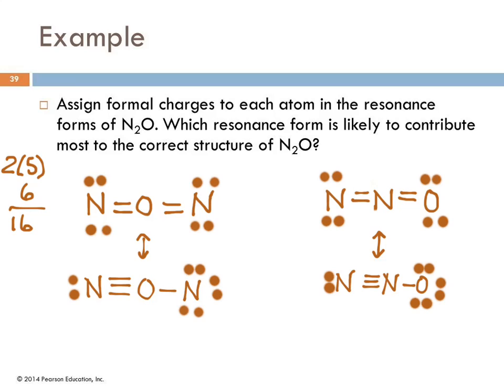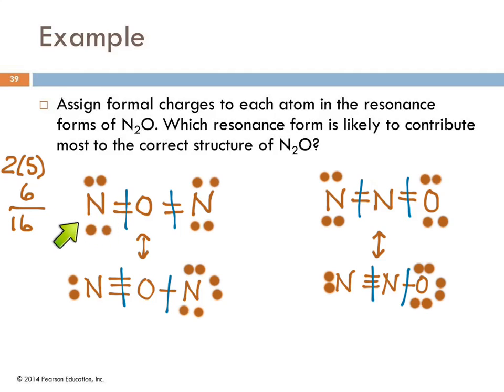So what we're going to do is mentally divorce these guys and see how many electrons they end up with compared to how many they came in with. Nitrogen has 5 valence electrons, right?